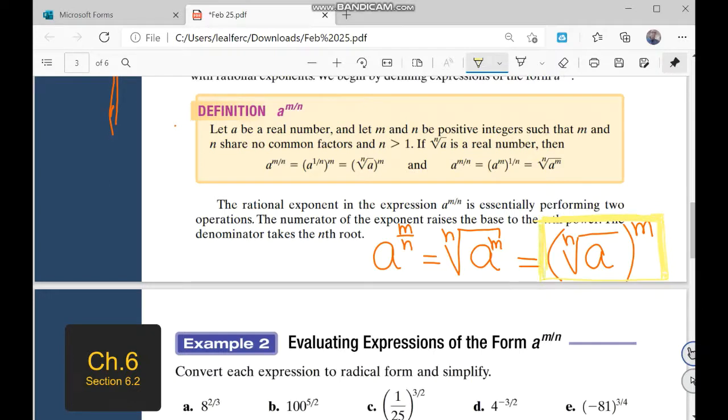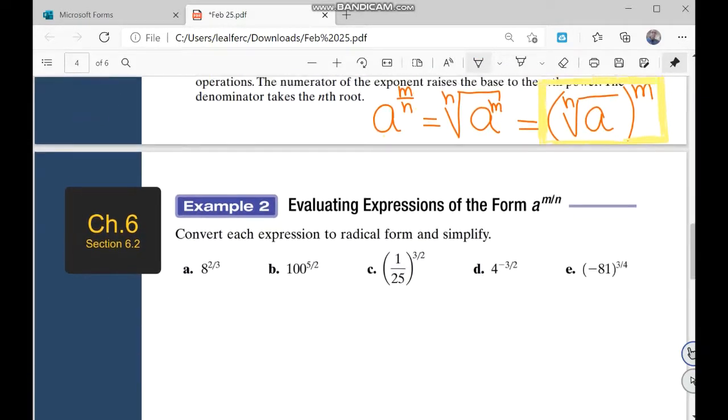You can rewrite a exponent m over n as parenthesis, the nth root of a, close the parenthesis, exponent m. It is the same thing. Let's apply this on the examples that we have. Tell me if you can understand, and then we will be ready to work on the quiz.